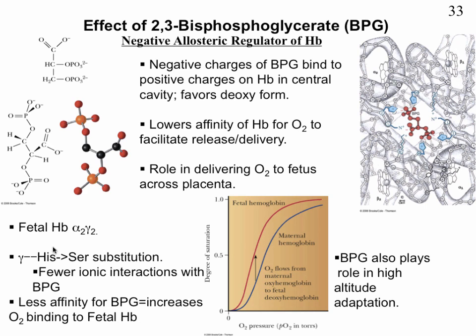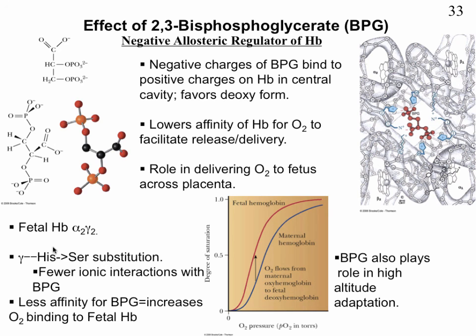And the way that it does that is that in the cavity of the deoxy form, this cavity has basic residues, so they are positively charged. There are histidines and lysines and all these different positively charged residues in this cavity.